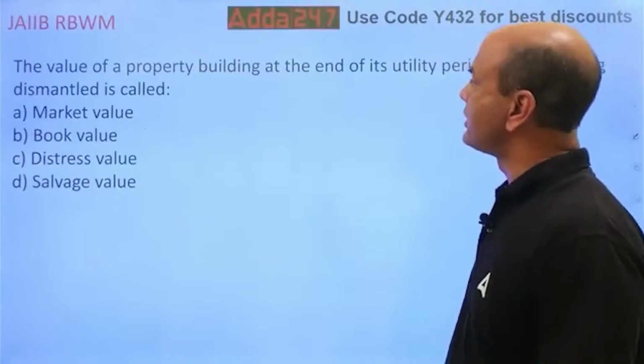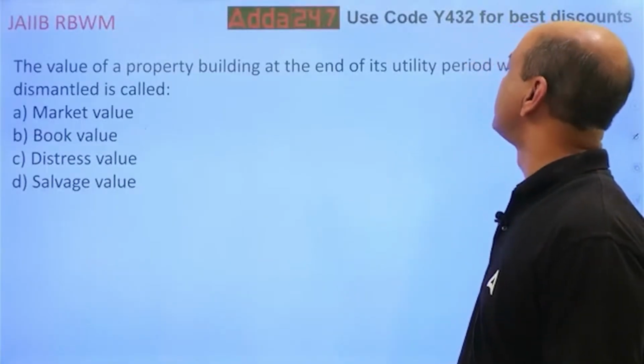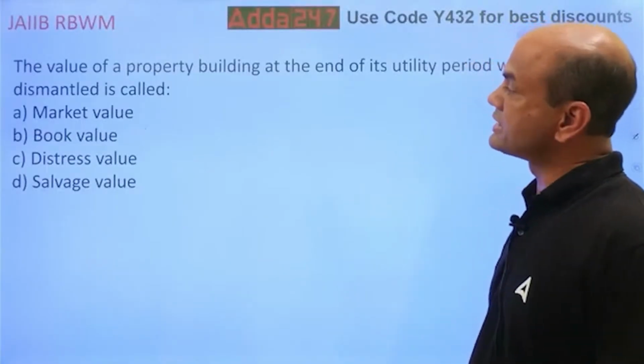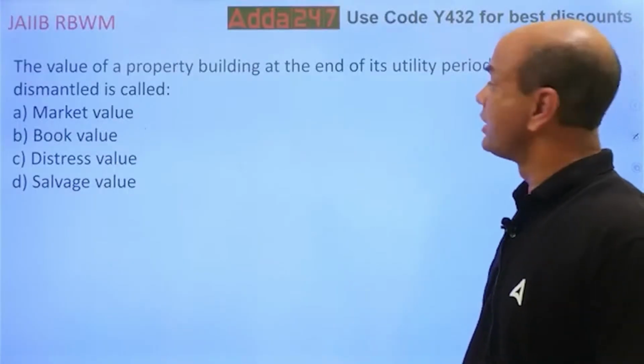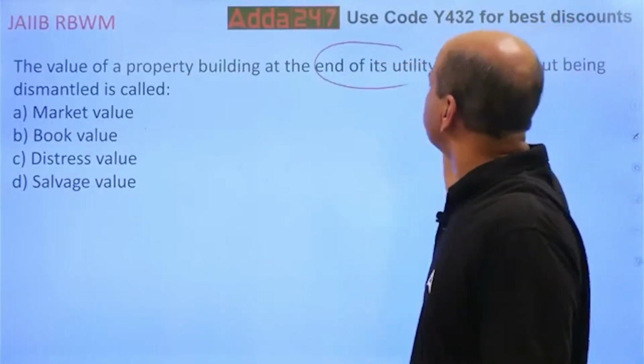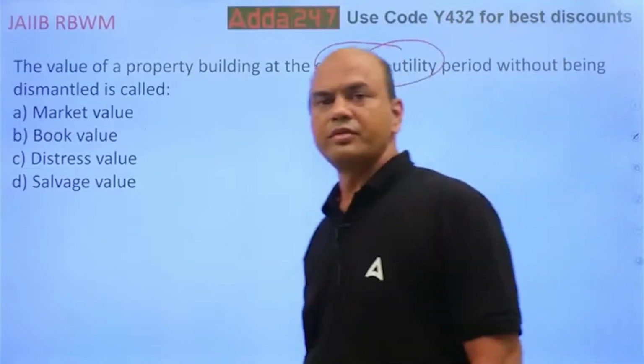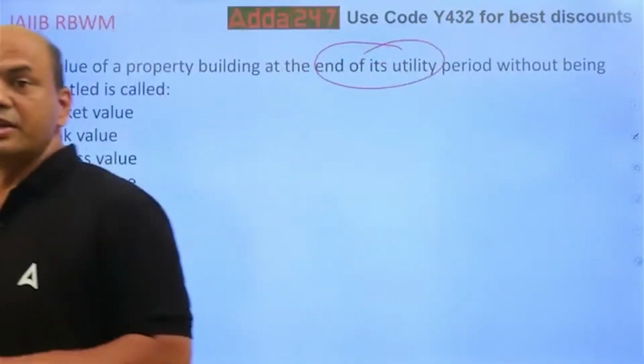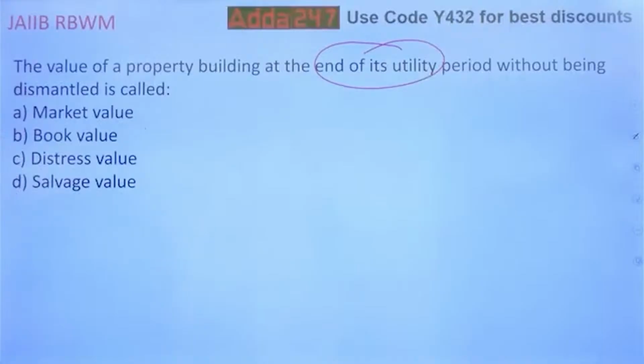The value of the property building at the end of its utility period without being dismantled is called as end of its utility period. This is mainly used in depreciation. What is the answer for this?